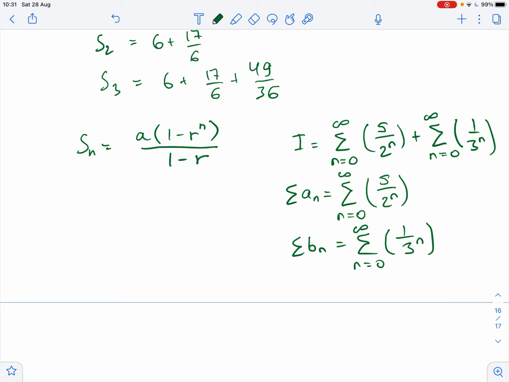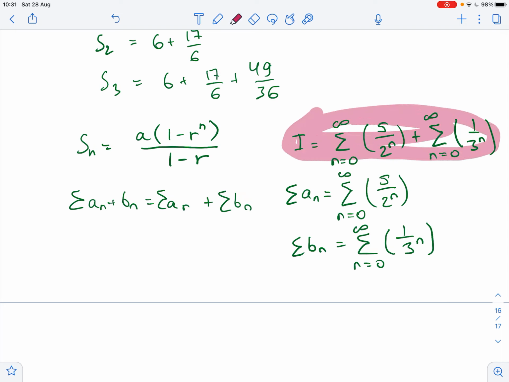If these series are convergent, then the sum of an plus bn equals the sum of an plus the sum of bn. So this is why we can rewrite our series like that.